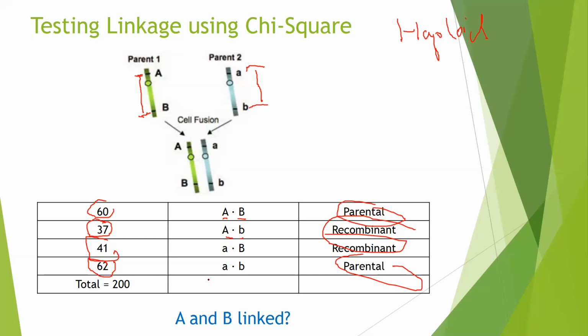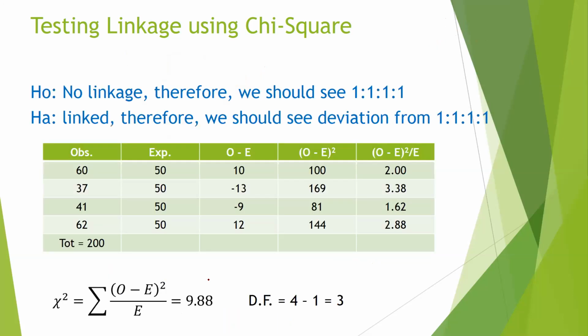That's one test. If the test shows they are linked, then we can still use this data to help us calculate the genetic distance between these two genes. I'm just going to go over this very quickly with you, since you are very familiar with this. So if this is the data, we observed this many progeny in each category.